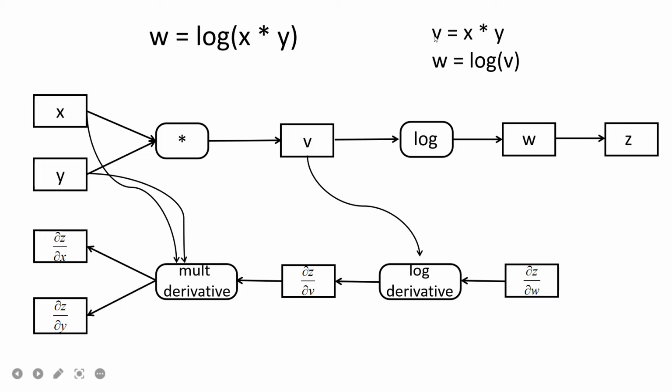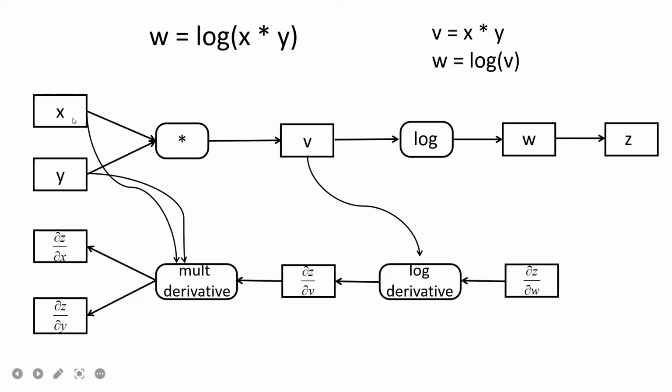Here you have another variable given by PyTorch, which we haven't specified, which is v. And then you have the second equation, which is w equal to log of v. So w has been given by us, and v is the internal PyTorch variable. Now let's try to make a computational graph as in the last video.